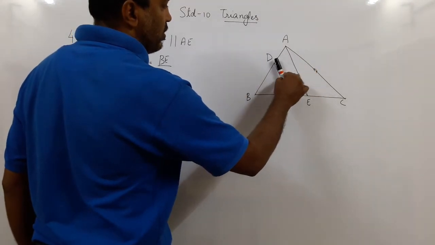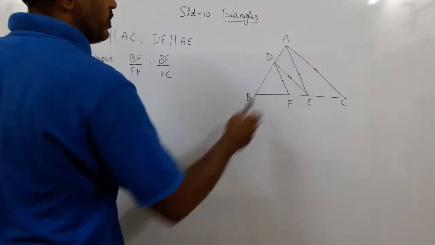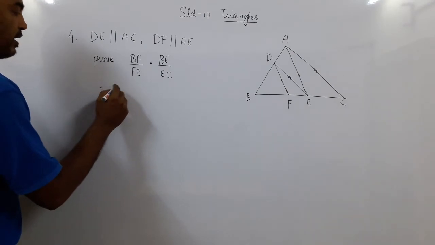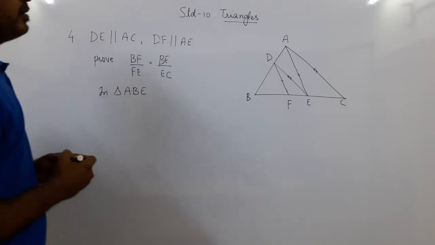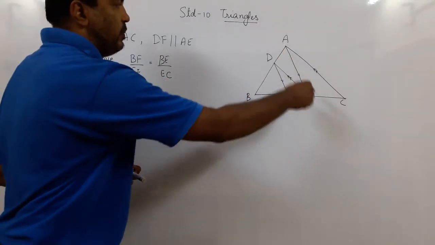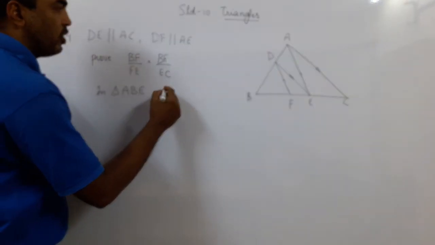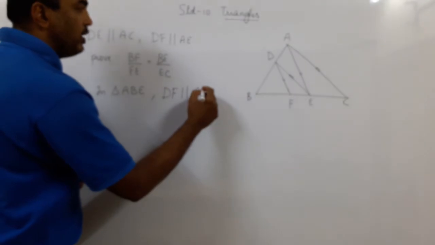Which lines are parallel? BF and AE are parallel. Because they are parallel, which triangle will we choose? In triangle ABE. So look at the choice of the triangle. I have taken the triangle ABE.